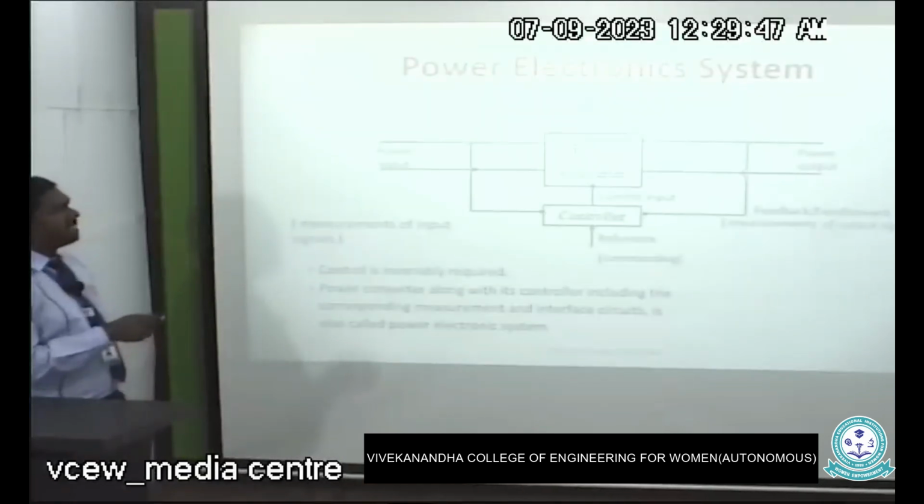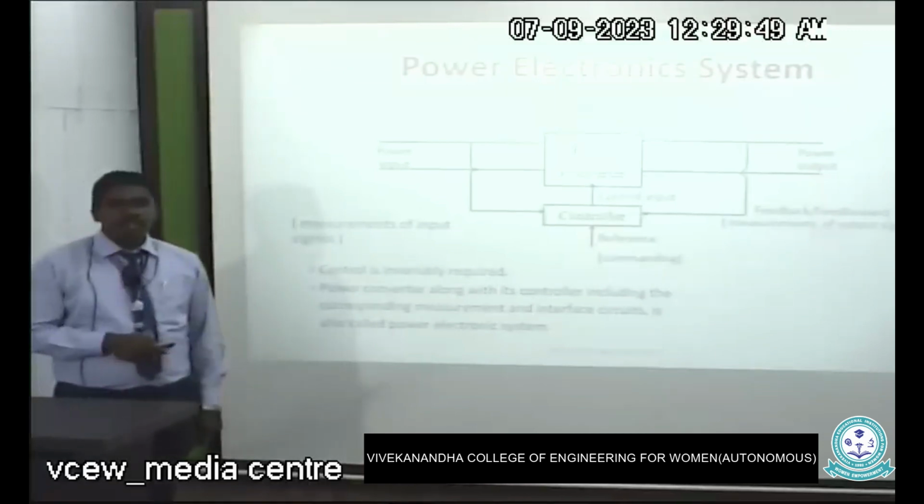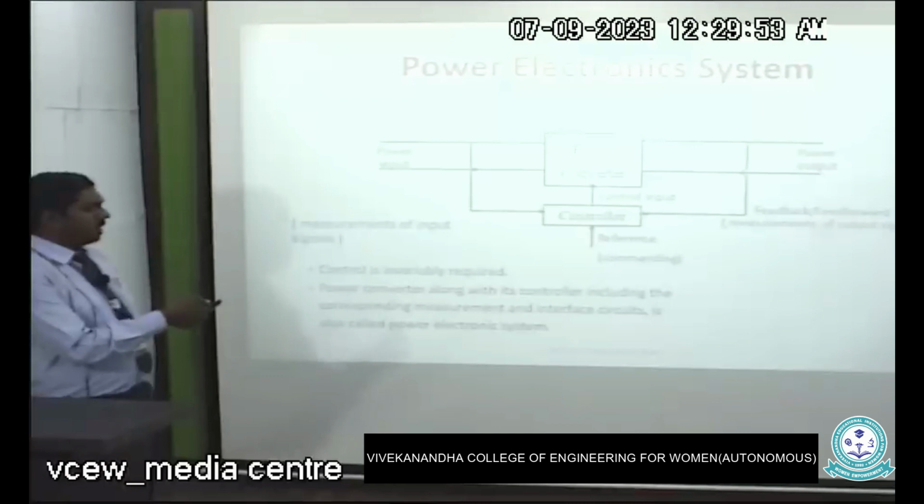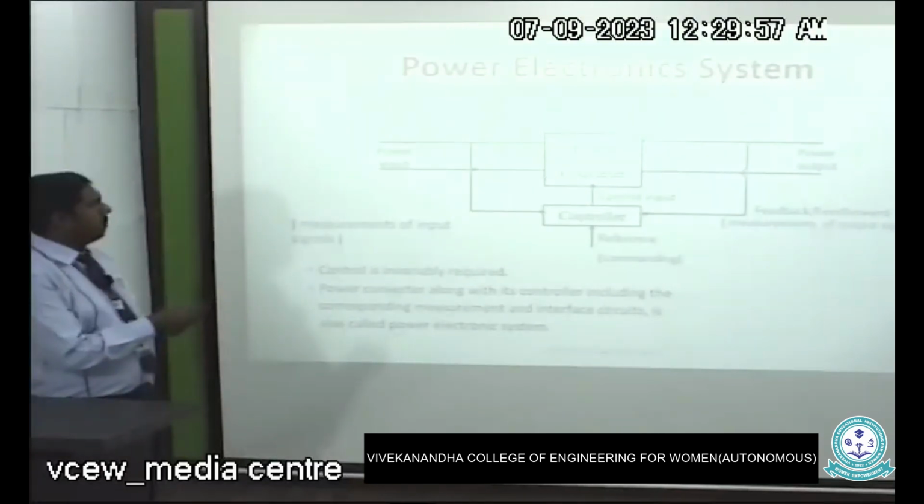So, this is the basic structure of power electronics. In this structure, the power converter is our main motive, and for it we use semiconductor devices. You give input power to the converter and you receive output power. The converter acts as a conversion from one form to another form.